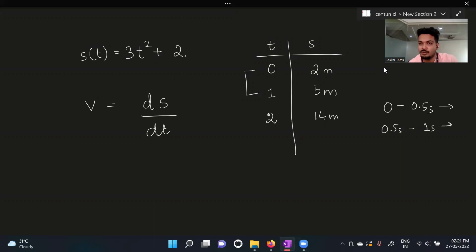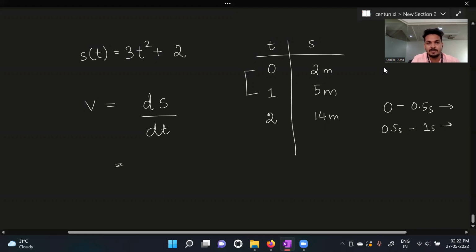This is what we need to do, because our displacement is not increasing in a linear fashion. It's a variable quantity. So since it is a variable quantity, we have to use differentiation.